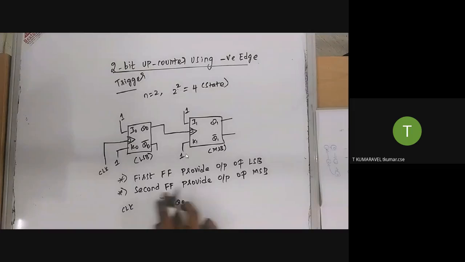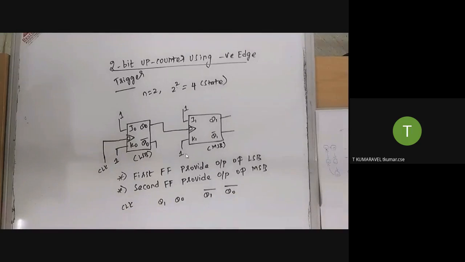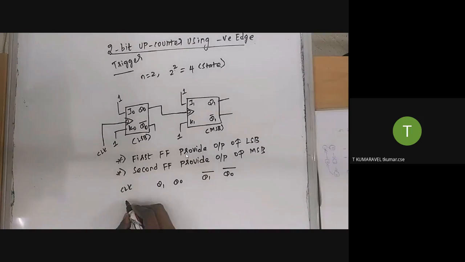What are the two outputs it's going to produce? One is called Q, another is called Q bar. So I'm going to write two more parameters, Q1 bar and Q0 bar. First, I'm going to write the initial state of both flip-flops.